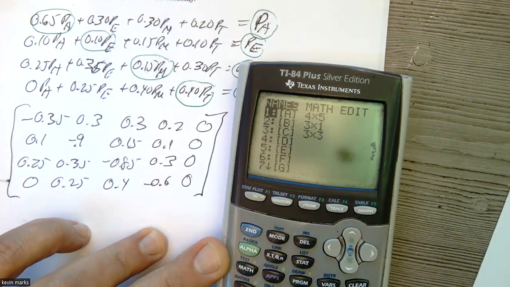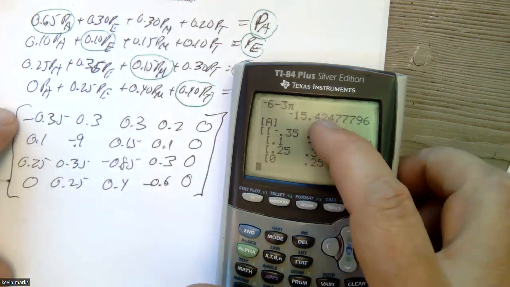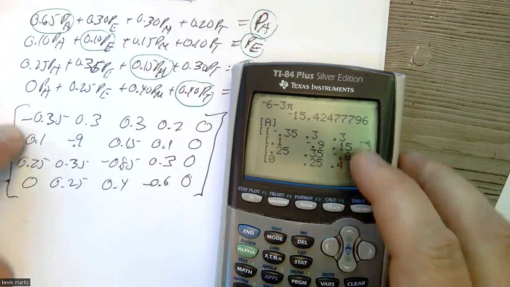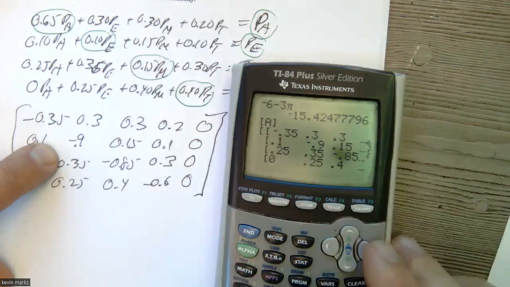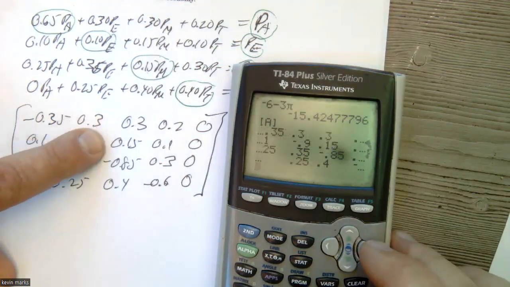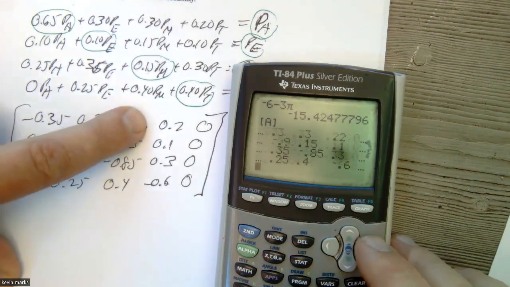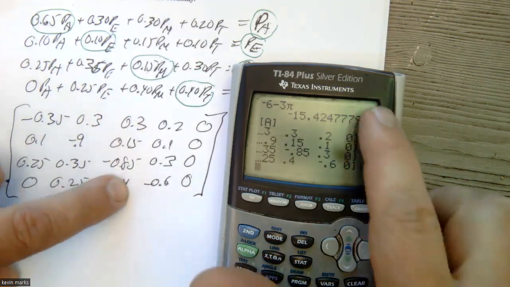All right, so let's make sure. We got negative 0.35, 0.1, 0.25, 0.3, negative 0.9, 0.35, 0.25, 0.3, 0.15, 0.85, 0.2, 0.1, 0.30, and then the 0 here.